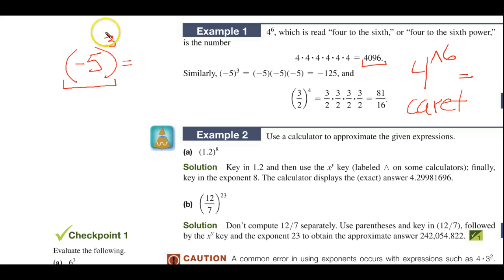If this would have been negative 5 to the 4th power, that would be an even number of negatives. That would have ended up being a positive 625. But when it's just 3, the negative holds, and negative times negative is a positive, times negative is a negative.